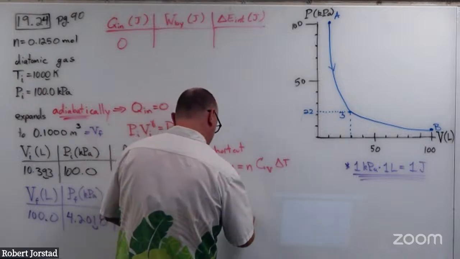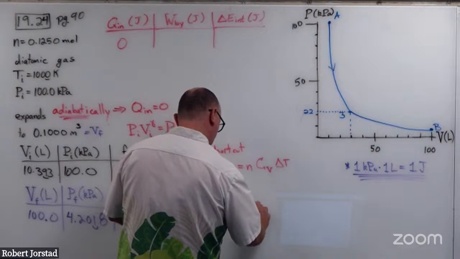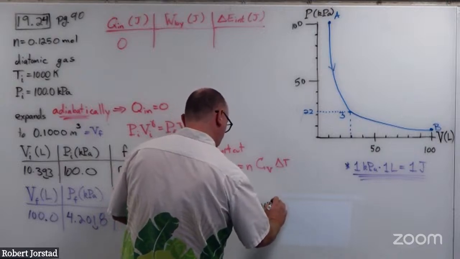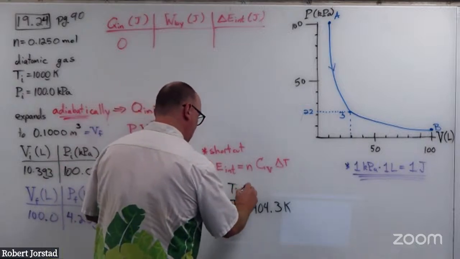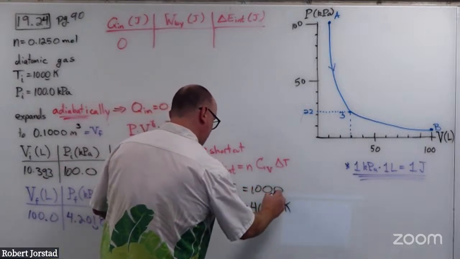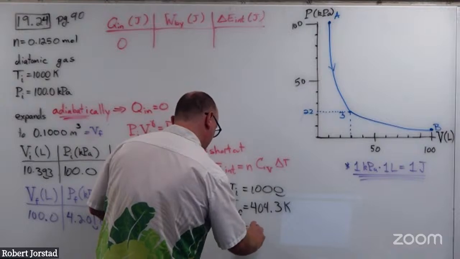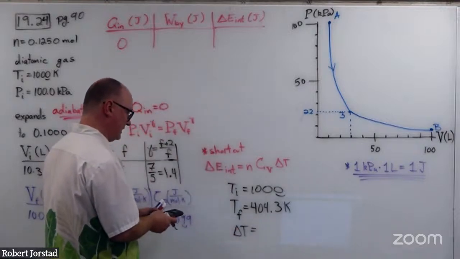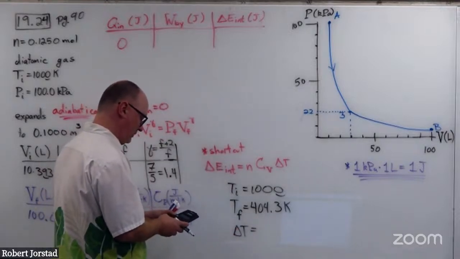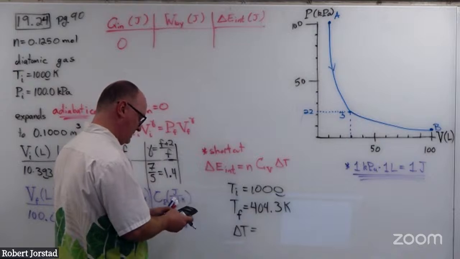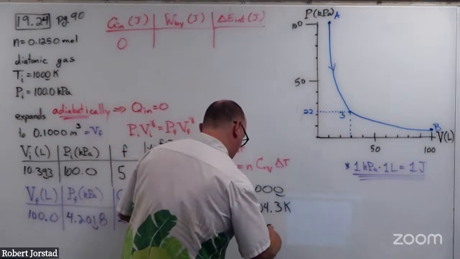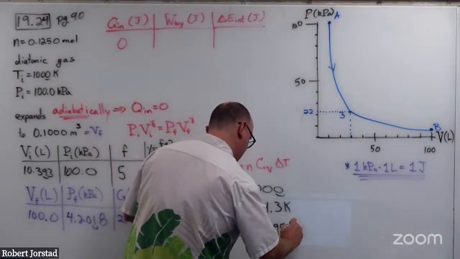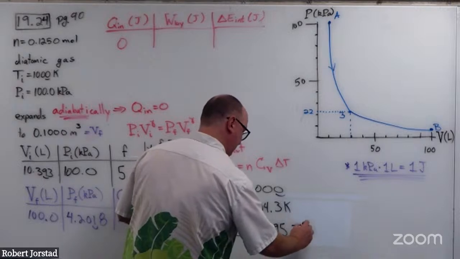Yeah, T final was equal to 404.3 Kelvin. All right, got it. T initial is 1,000. So delta T, we can get that. Delta T is 404, just this one, minus 1,000, negative 595.7, off in that sig fig.